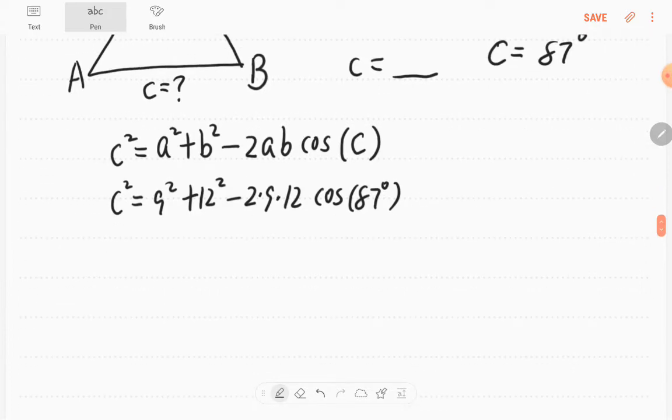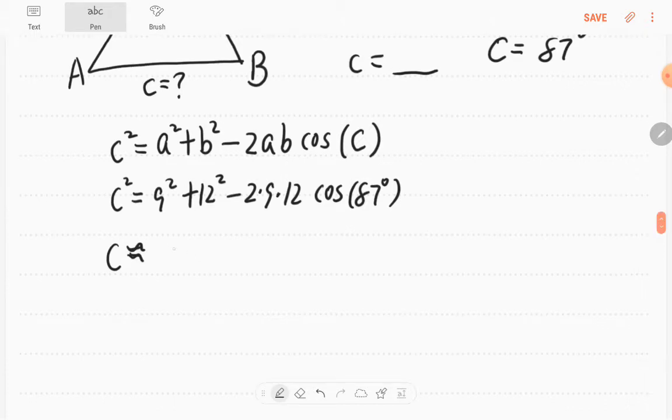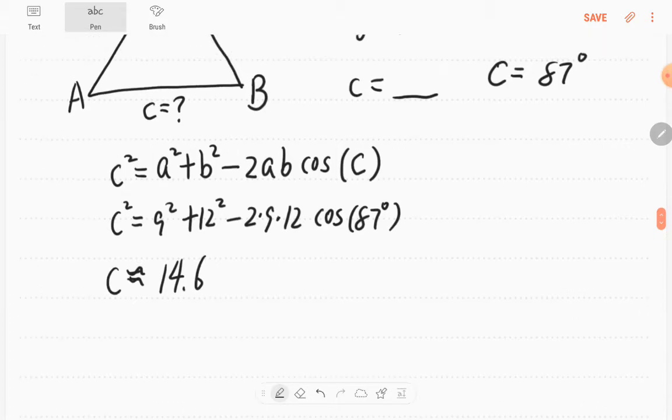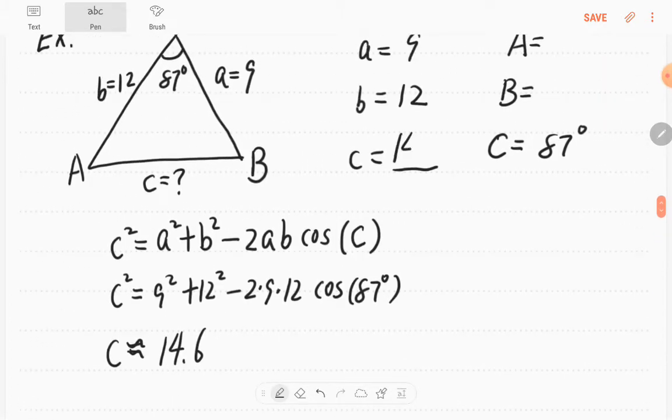Use your calculator and take the square root. You must take the positive square root, because c is the length of one side, so it's always positive. So it would be 14.6.